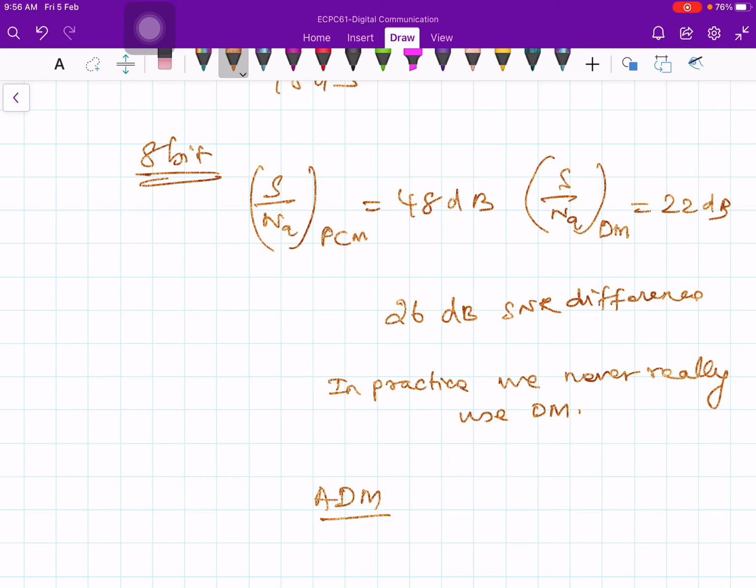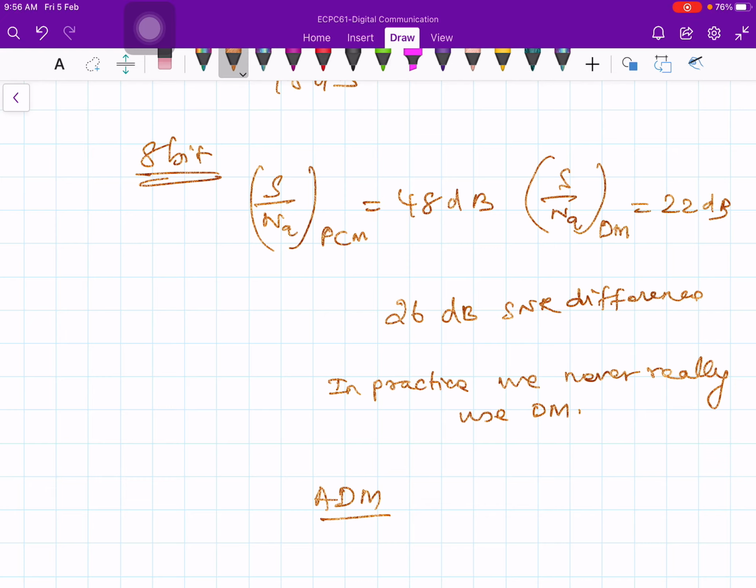We are not really doing an analysis of adaptive delta modulator, but we have taken only delta modulator and seen how poor it is in comparison with pulse code modulation. But there have been theoretical as well as experimental investigations on adaptive delta modulation, and people have been able to realize performance as good as PCM.